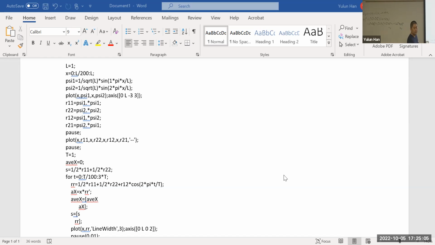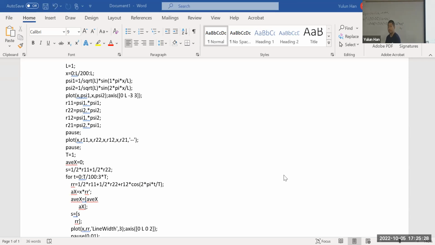And also if you run the code to this line, it generates several graphs, right? And we do plot R12 and R21. If you look closely, they coincide with each other, which means they are the same.